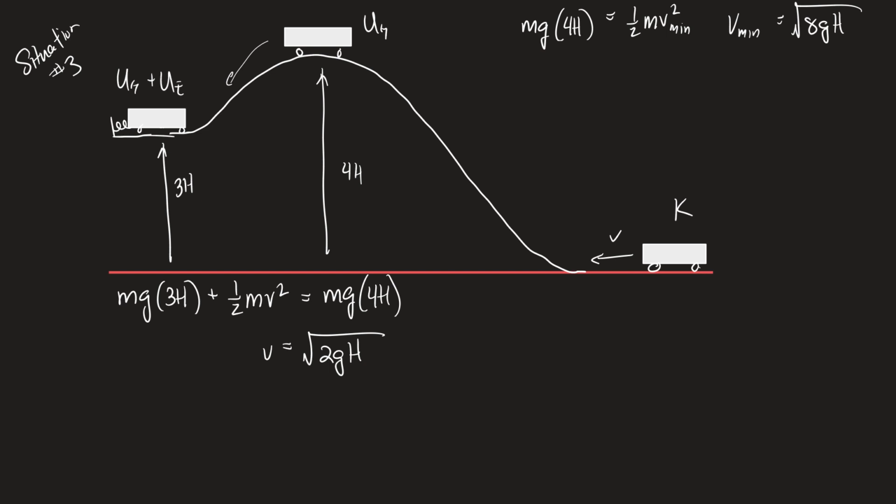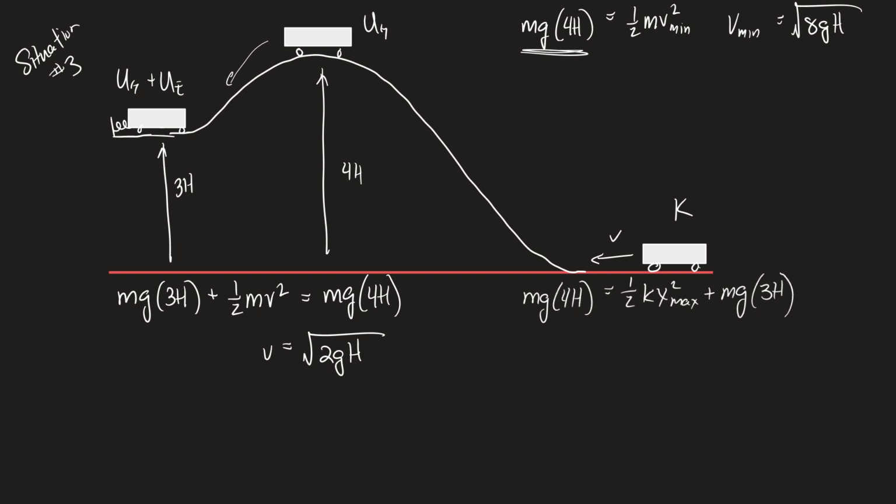I'm still going to base this on the fact that our total amount of energy was mg4h because it made it from the top of the hill to here. So I'll have mg times 4h equals 1/2 k x max squared plus mg times 3h. And we're supposed to solve this for x.